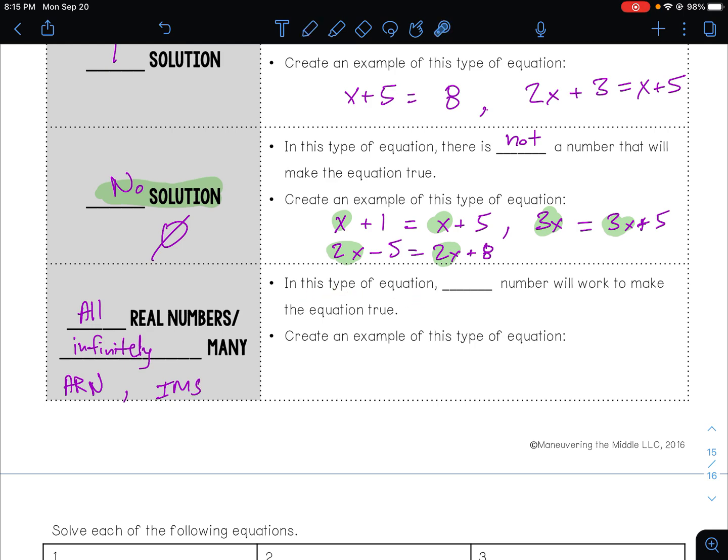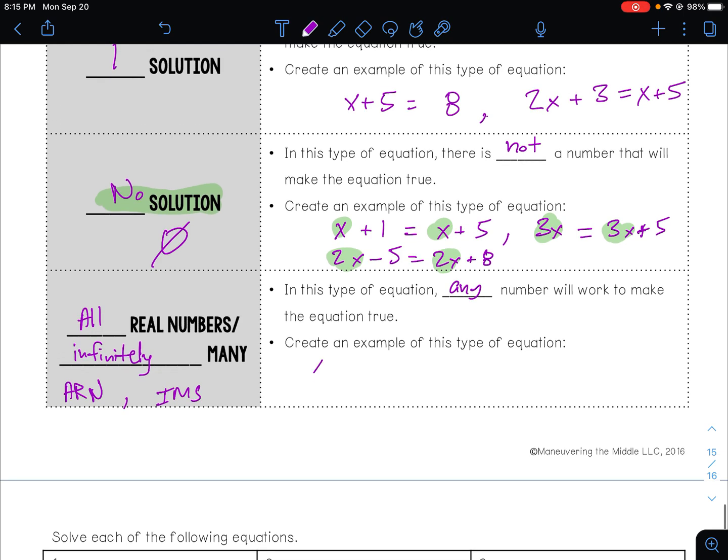In this type of equation, any number will work to make the equation true. Create an example of this: x equals x. Or how about x plus 5 equals x plus 5.